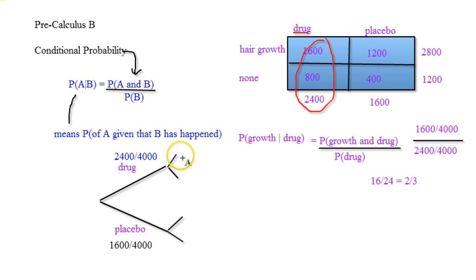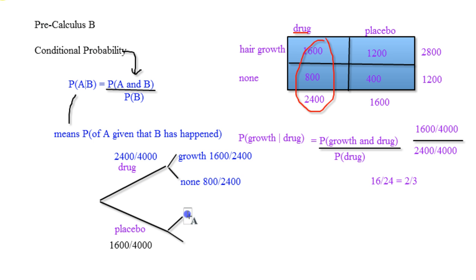Now this would be the actual hair growth. Hair growth would be 1,600 divided by 2,400. Then this one would be no growth, which would be 800 divided by 2,400.